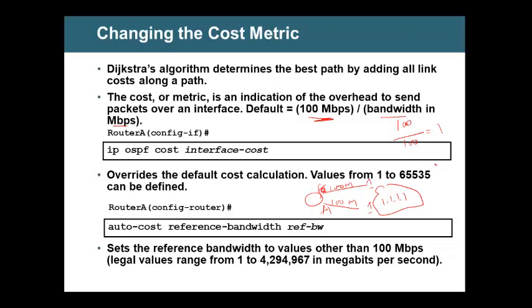When the cost is the same on multiple paths, by default up to 4 paths will be used for load sharing. Equal cost multipath, up to 4 paths. You can increase that depending on the IOS version. It will vary.